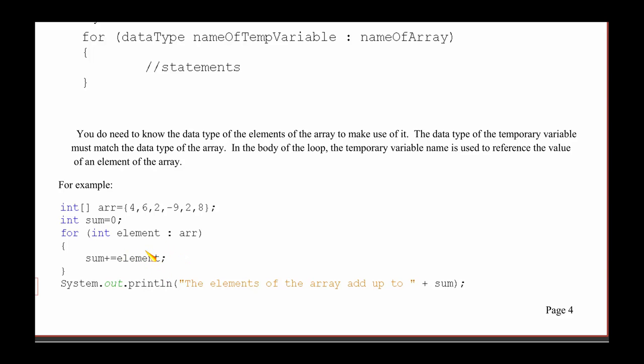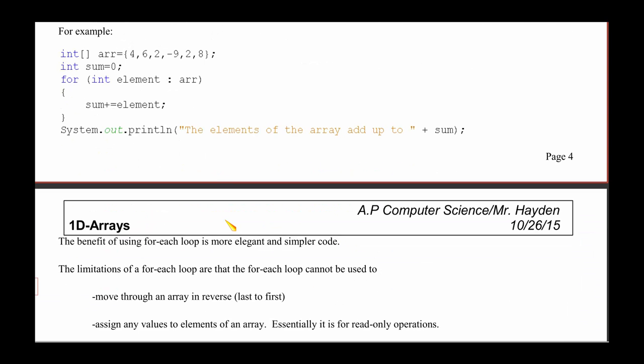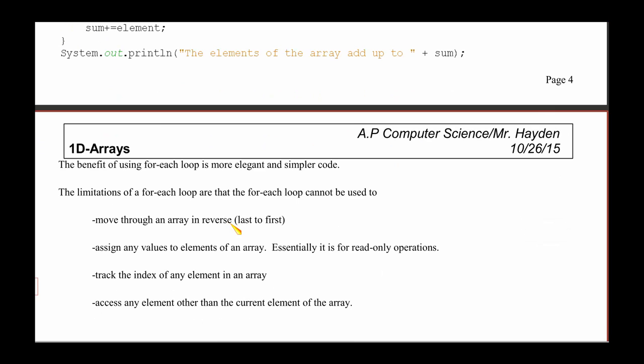Note that if you were writing this with a traditional for loop, instead of element, you would have arr[i]. Okay, so with for each loops, the code's a little simpler, but the limitations are the loop always goes from the first element to the last.